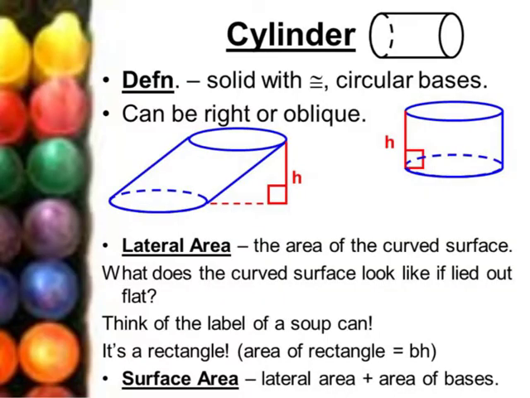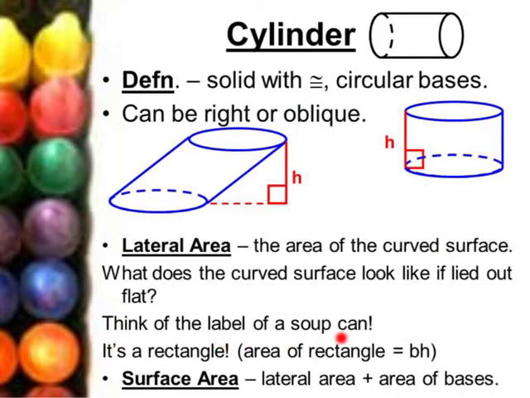Alright, so cylinder. Definition of a cylinder: a solid with circular bases. It can be right, which is standing upright, or oblique, so kind of tilted over. So lateral area is the area of this curved surface. What does the curved surface look like if laid out flat?